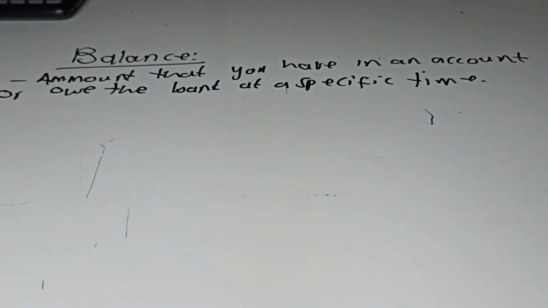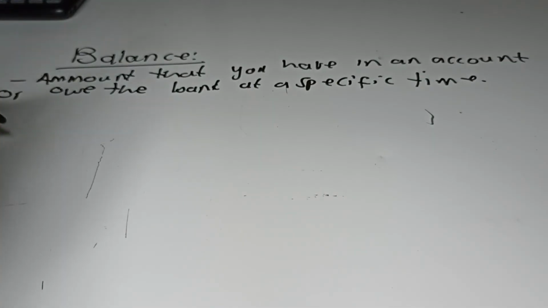So how do we work with the balance here? I'm going to show you the formulas for dealing with the balance, because sometimes they can ask you to calculate the balance, depending on the scenario that you'd be dealing with. But we have just the two formulas that we use here to calculate the balance.